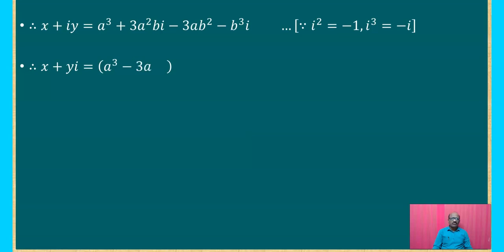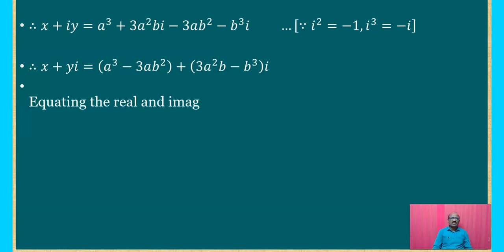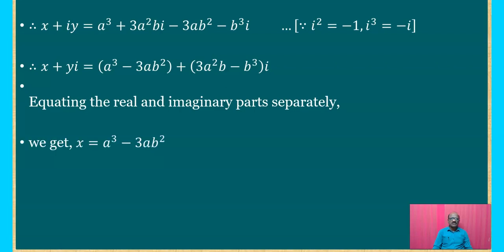Collect the terms of the real part and the imaginary part: (a cube minus 3 a b square) plus (3 a square b minus b cube) into i. Equate it. Therefore, equating the real and the imaginary parts separately, we get x is equal to a cube minus 3 a b square and y is equal to 3 a square b minus b cube.